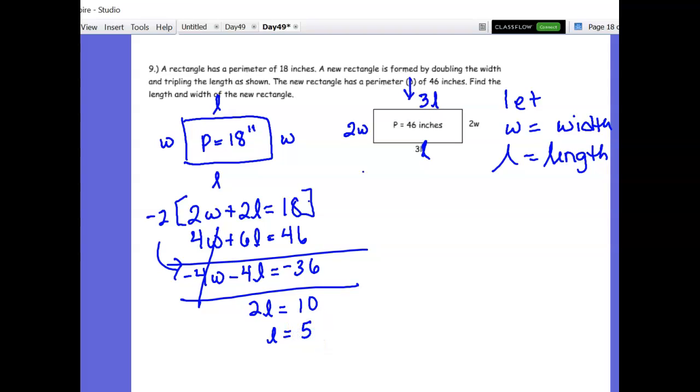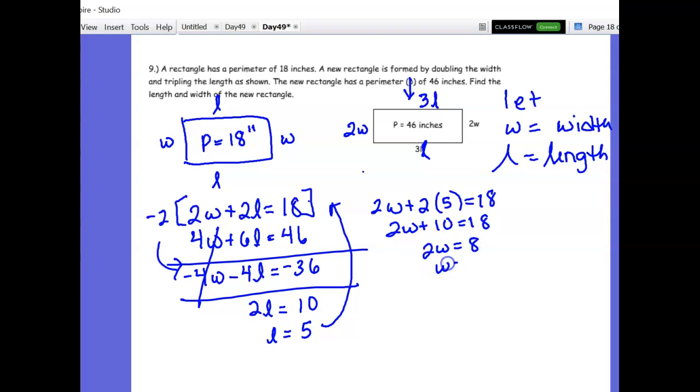Okay? So I can then plug it back into either equation and get my width. So 2W plus 2 times 5 is 18. So 2W plus 10 is going to be equal to 18. 2W is going to be 8. So our W is 4. Okay? So our W is 4 and our length is 5.